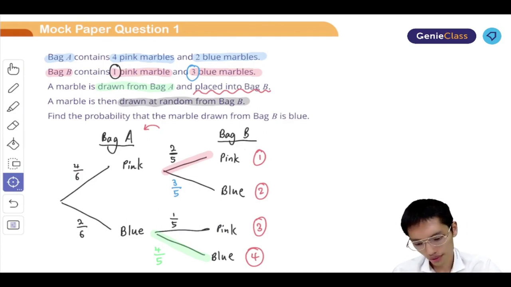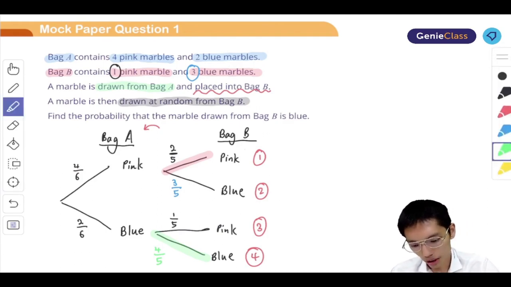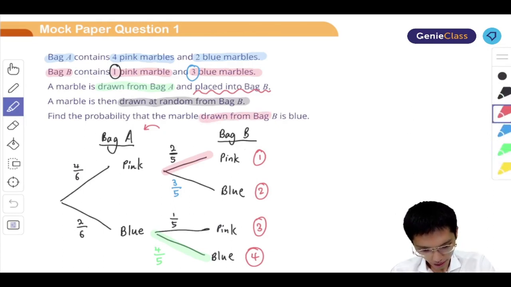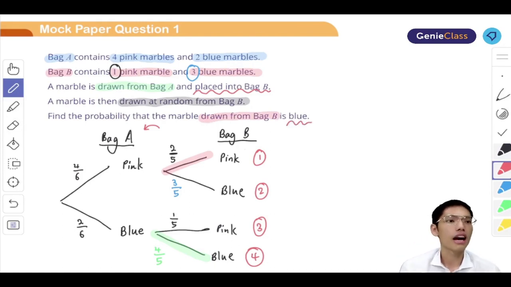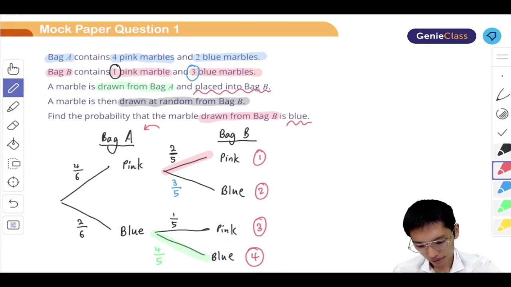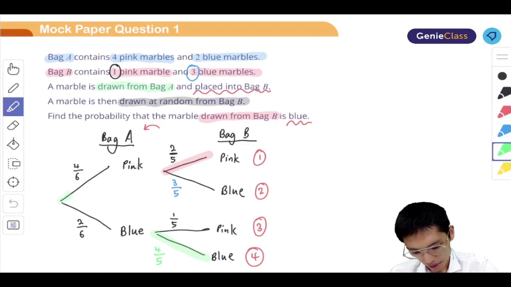Read the question. Find the probability that the marble drawn from bag B is blue. Drawn from bag B. Sorry for that. Don't know what is happening to me for today. It's blue. Very good, Chen Zheng. Very good, Elizabeth. I'm looking at this branch and this branch over here.